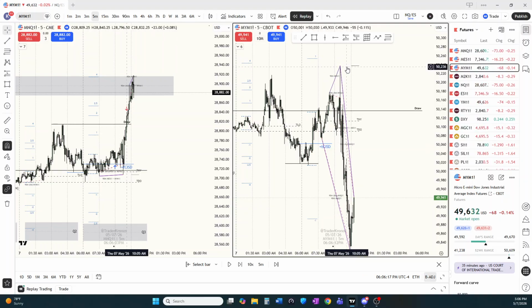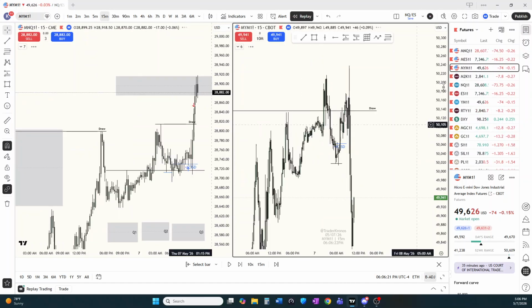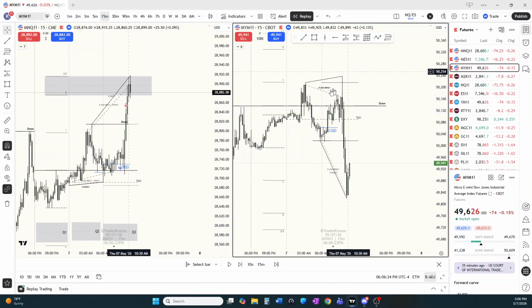YM. Remember, YM also put in a daily cycle when 1, 2, 3. So what will I be watching for after this forms?